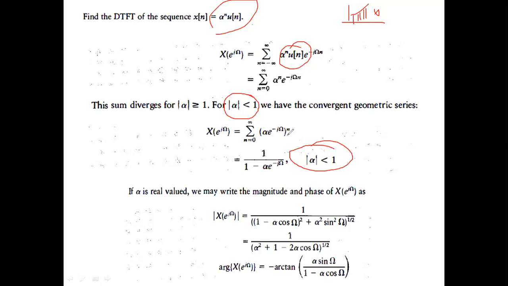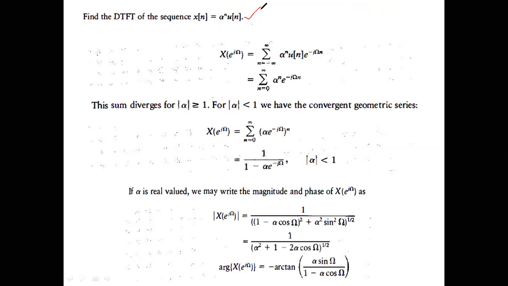We simply get this term here, 1 divided by 1 minus alpha e to the power minus j omega, which, as I said, exists only for magnitude of alpha less than 1. Technically your answer ends here, but then we want to plot. Sometimes the question will be like, plot the magnitude and phase response.